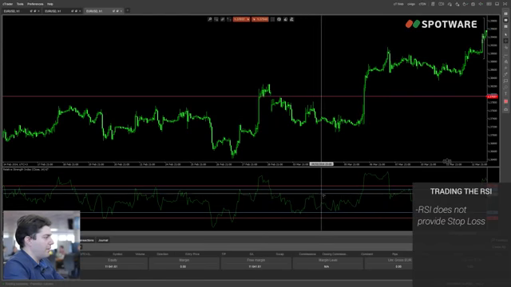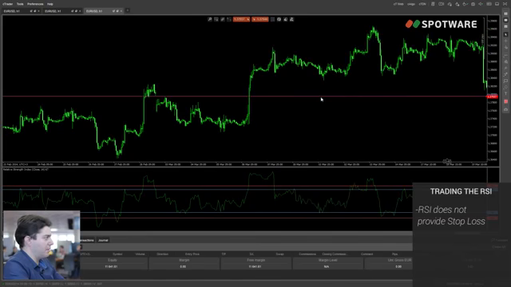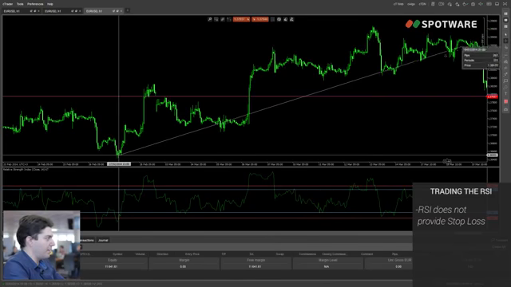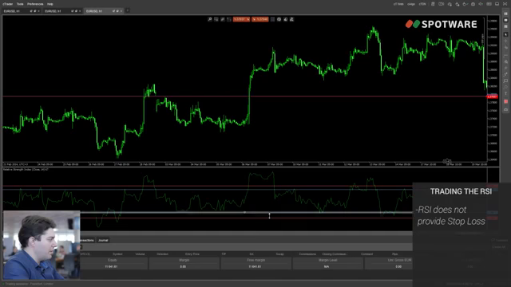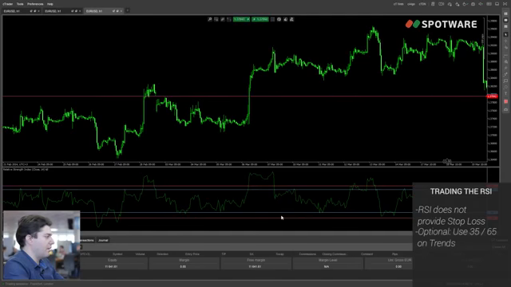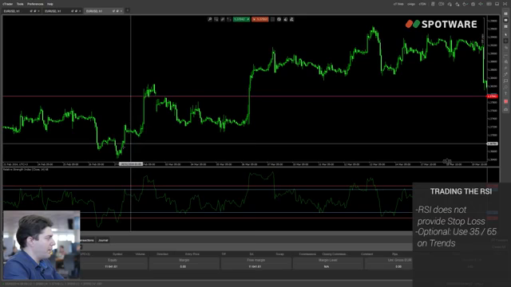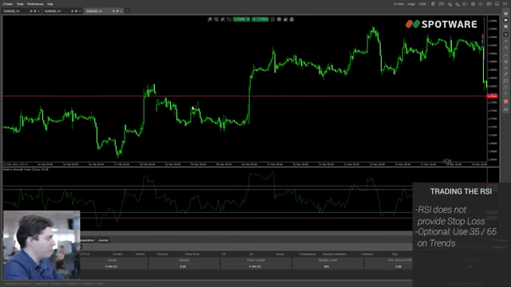Another trick that you can do with the RSI: when you have an established trend like this one, with higher lows and higher highs, you can use the levels 35 and 65 instead of 70 and 30. It's not going to reach the level 30 because when we have a trend, the price goes rapidly in a specific direction, and because of the way oscillators work, the oscillator is not going to reach level 30.